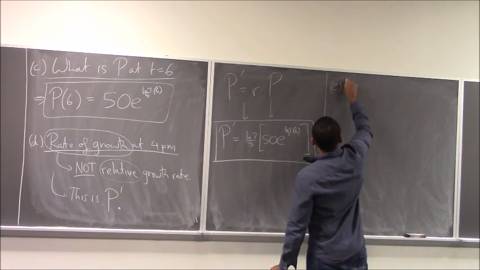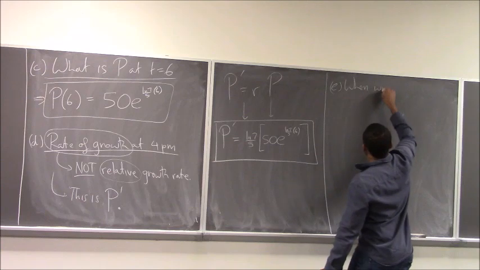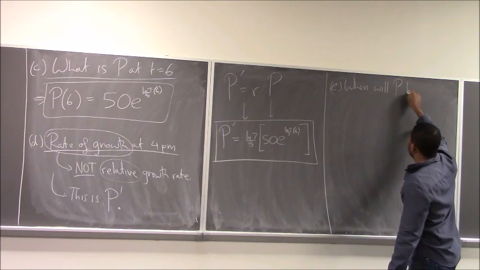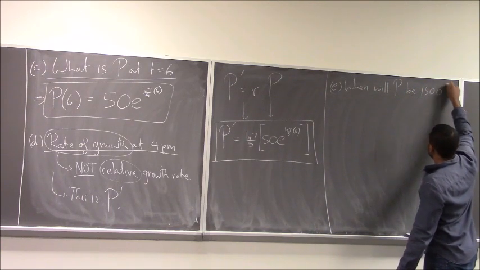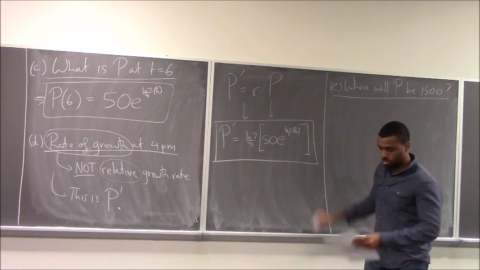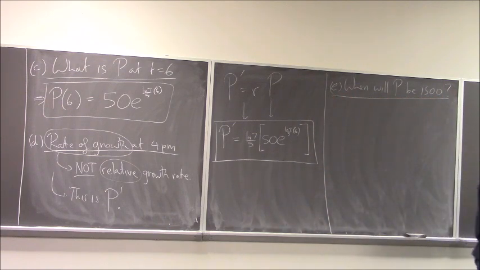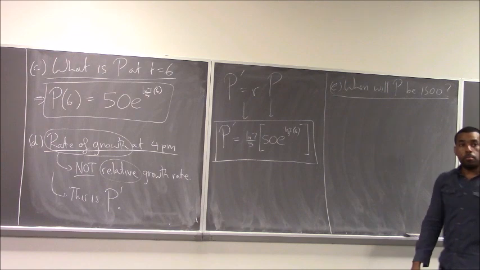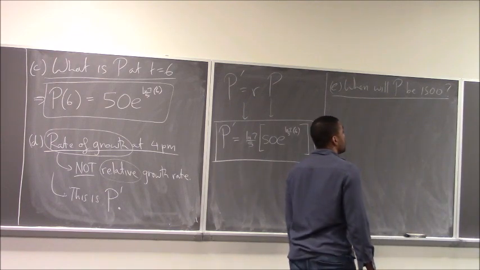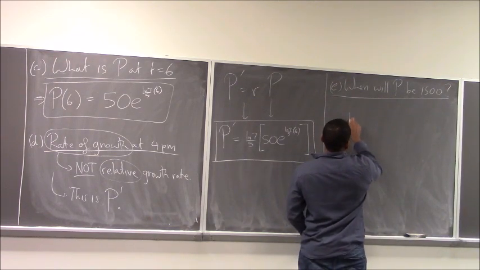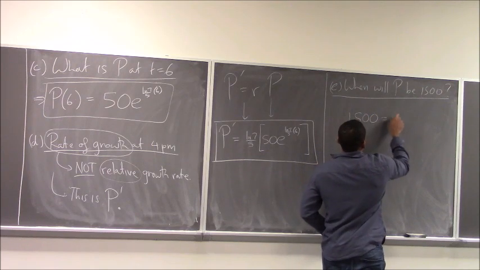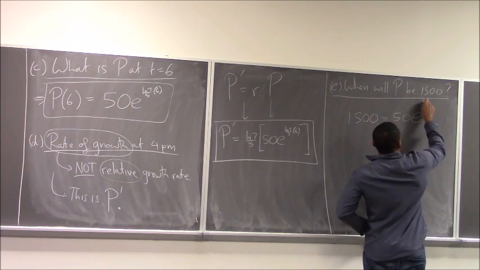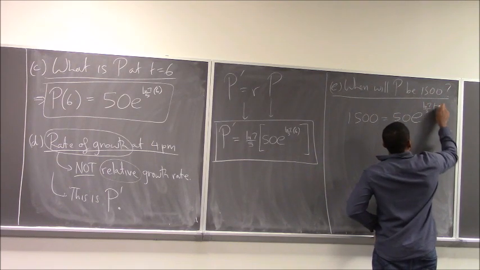Let's finish off this here. When will the population be 1,500? How do we figure that out? Have P equal 1500. Plug in P equals 1500. I know we started with 50. e to the ln of 7 over 5 t.